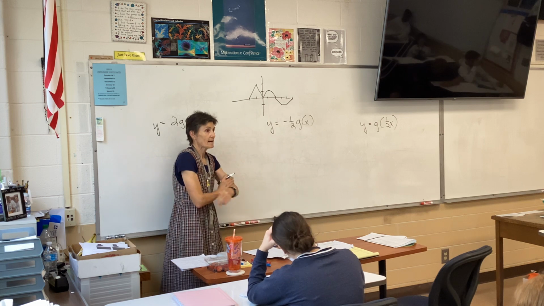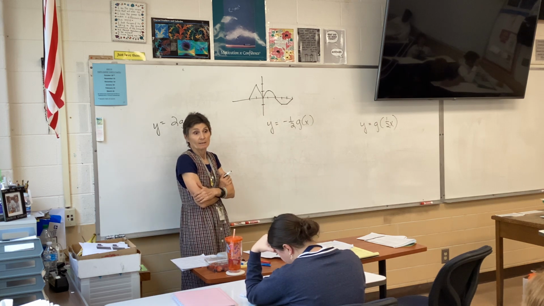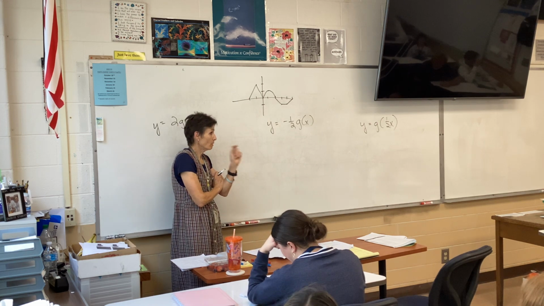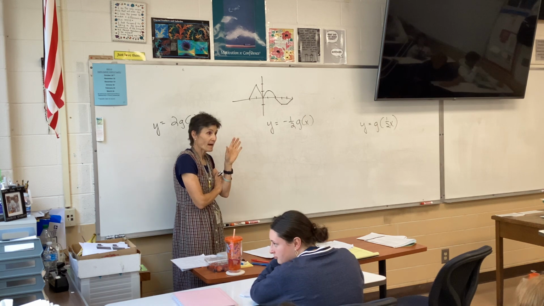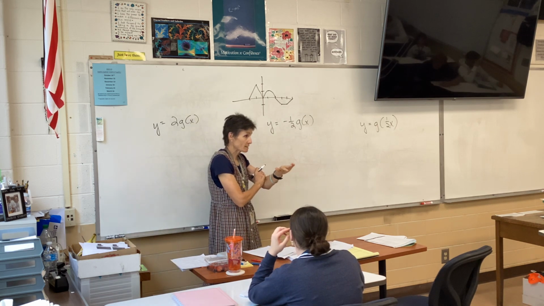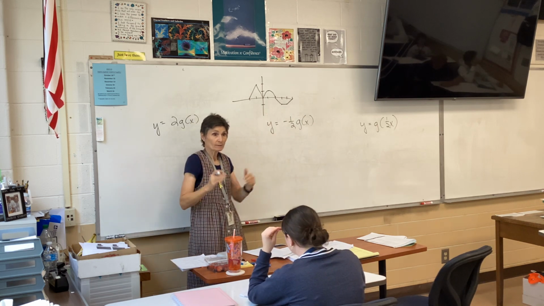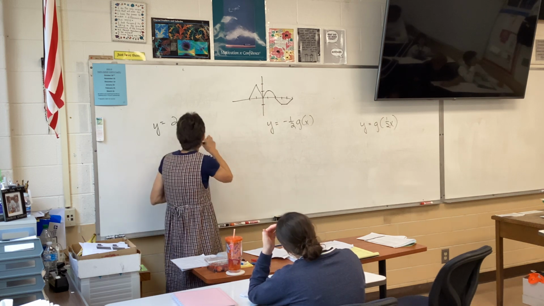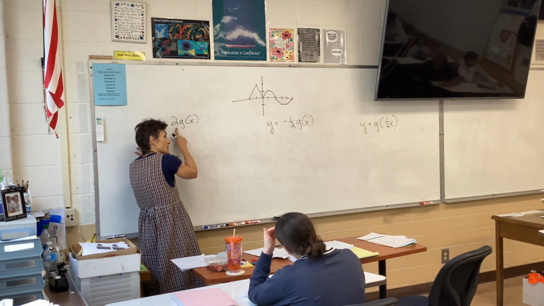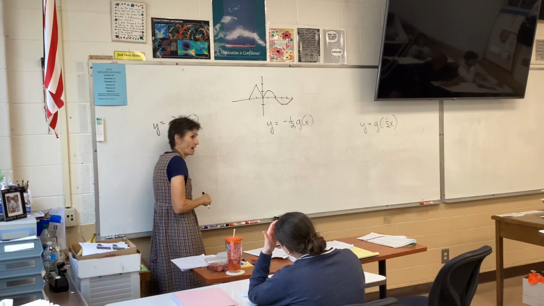All right, what's new and exciting about these problems? Now we have multipliers. We haven't had that before. We had adds and subtracts. Move it around. A multiplier is going to actually change the size of the graph.